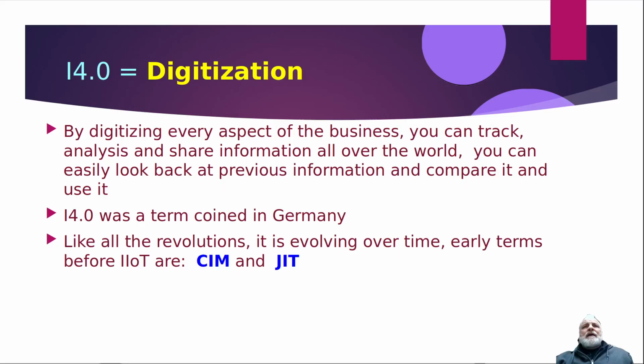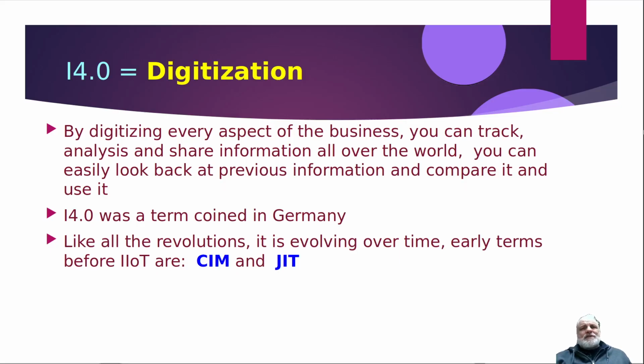So, looking at I 4.0, there are basically three different areas. One of those is digitization. Digitizing means that we're collecting everything, putting it in a computer, and tracking what is happening, so that we have a better idea of where everything is at, how much waste we have, how much stuff we have in inventory, all these different kinds of terms.